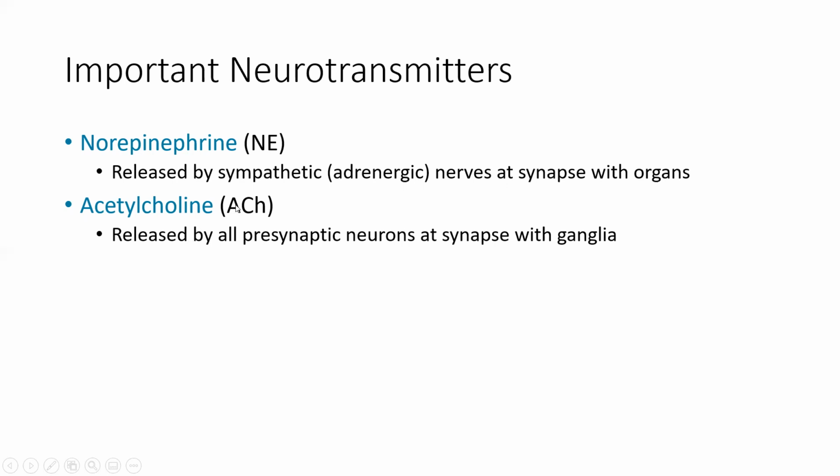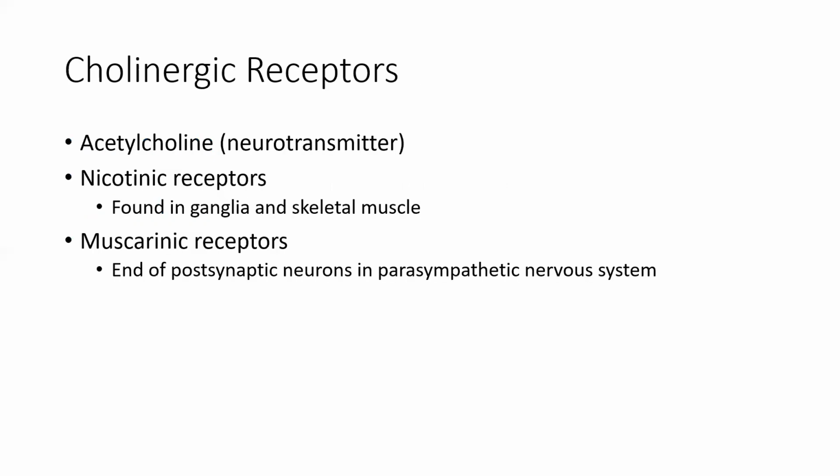Now, anything that is released is going to be received by someone. Whoever receives them is called a receptor. So there are cholinergic receptors, which receive the neurotransmitters that are coming. So which neurotransmitter do cholinergic receptors receive?